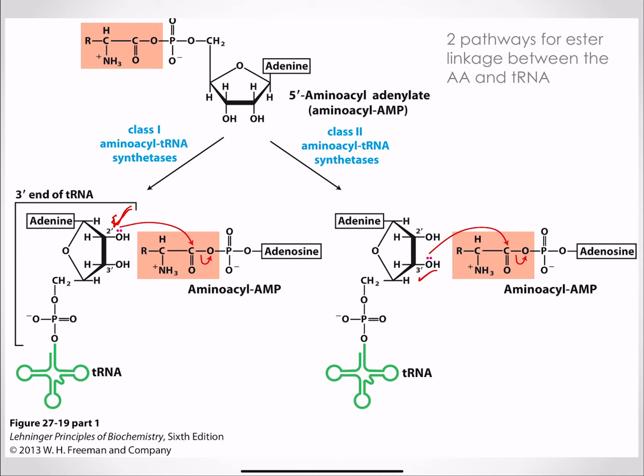And that's really the difference between the class 1 and class 2. Now, there are some amino acids that prefer class 1 over class 2, but we're not going to go into that much detail about these. It's just that the class 1 aminoacyl tRNA synthetases are going to transfer the amino acid to the 2' position, and the class 2 will transfer them to the 3' position.